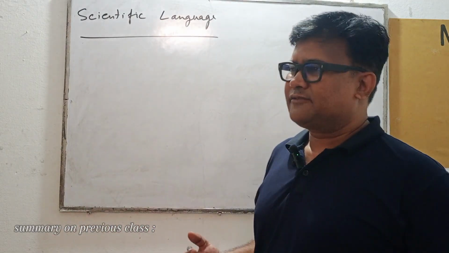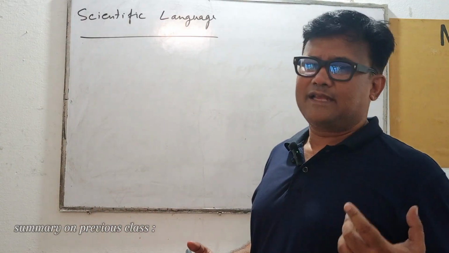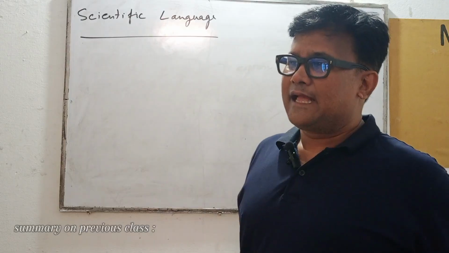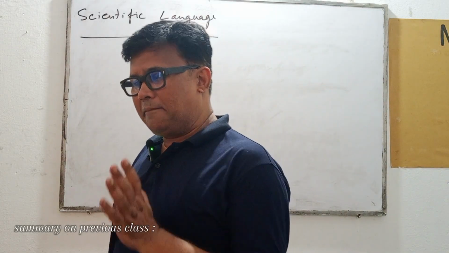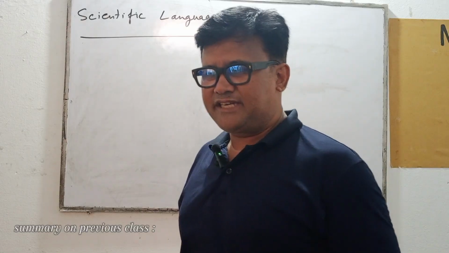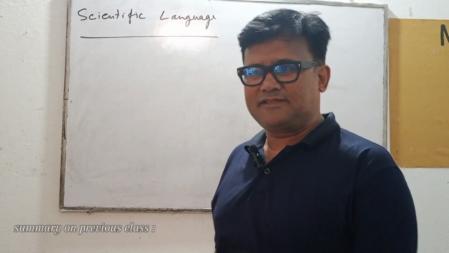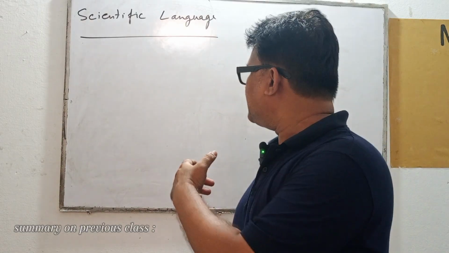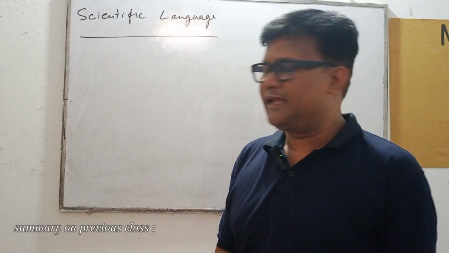Like, as I have said in previous class, a sentence has a particular scientific method, and I have mentioned that method. Today I'm going to show you the same method.